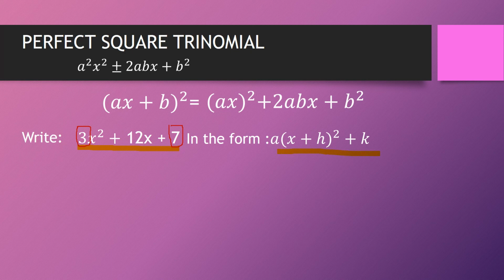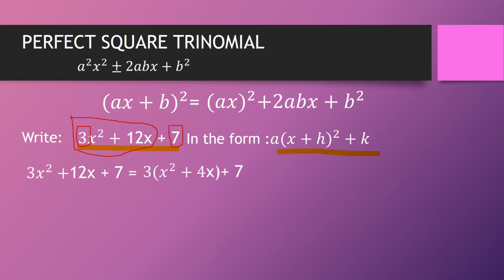You see, I need to group these two terms, and I'm going to find the common factor. Now, 3 is a common factor between 12 and 3. When you take out a 3, you say 3 divided by 3 is 1, and 12 divided by 3 is 4.